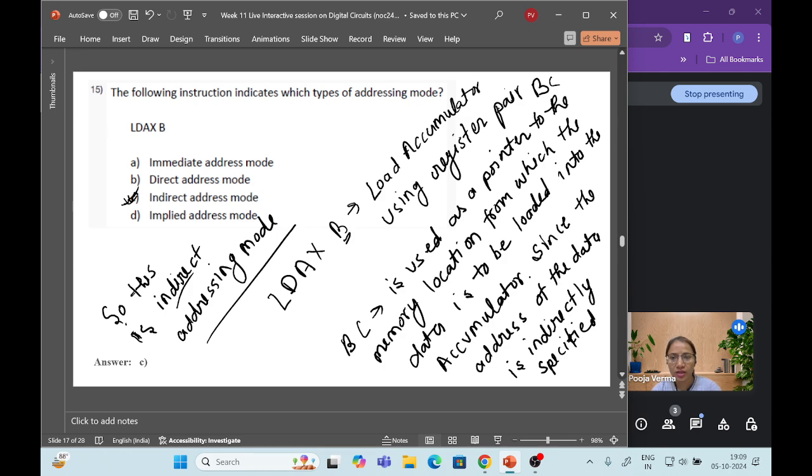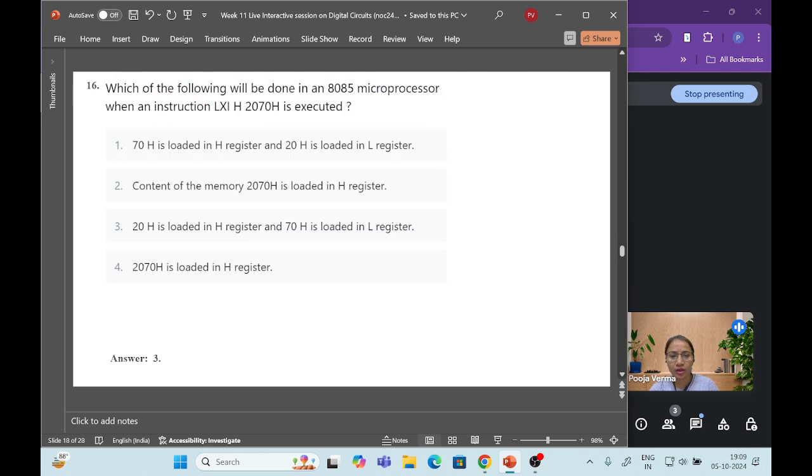I hope you understand how the data has been accessed and how we can call it an indirect addressing mode. So moving to the next question.